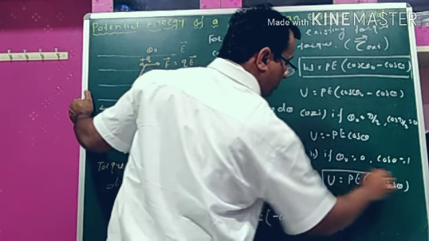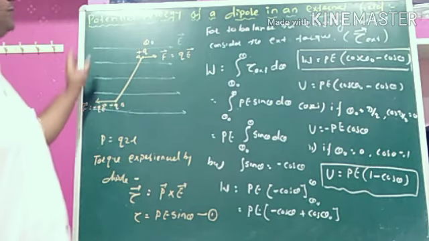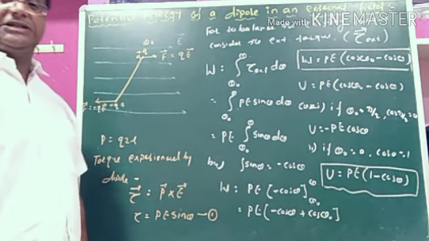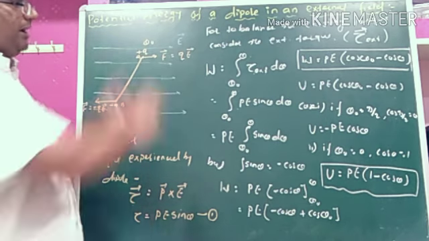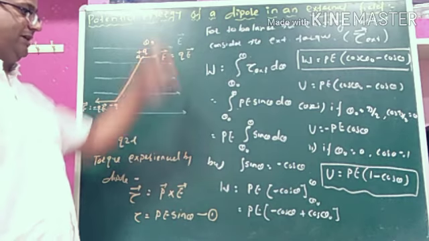So this much potential energy is stored inside the electric dipole in an external electric field. So this is about the potential energy of a dipole in an external field.